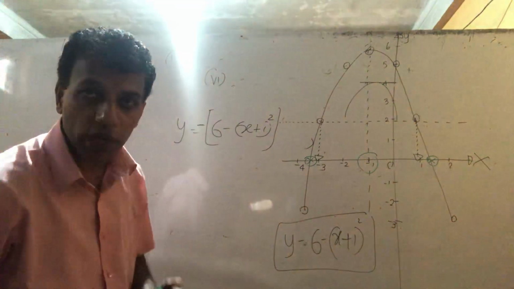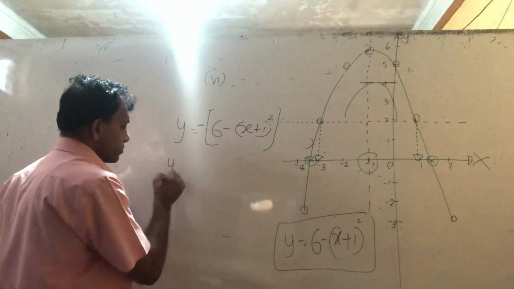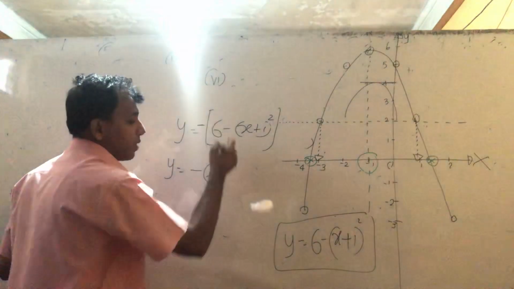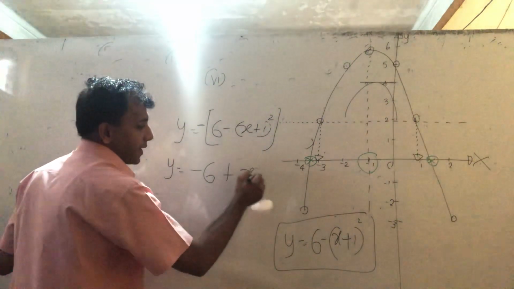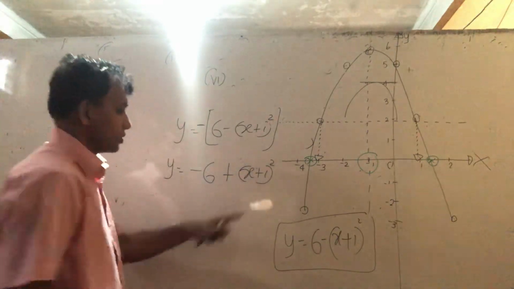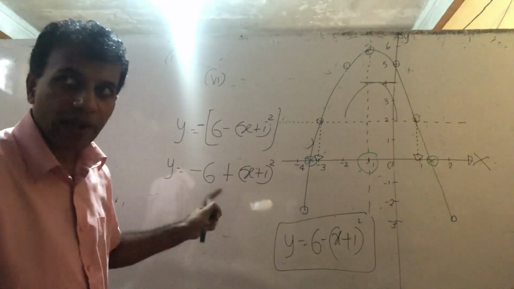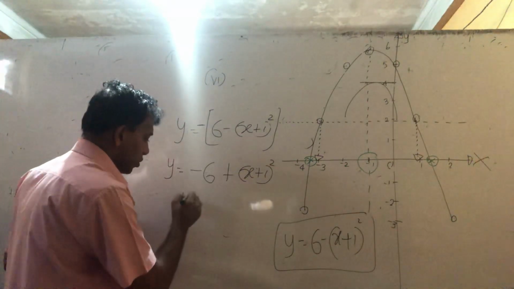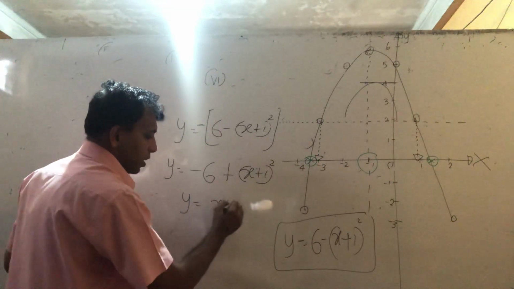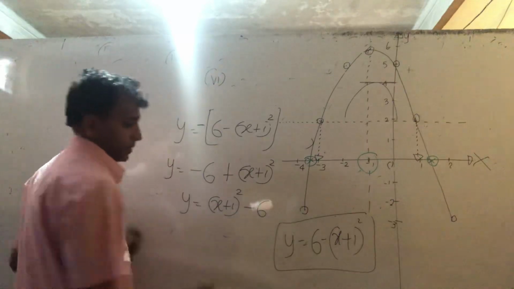This is the equation. Better you simplify this: y equal minus of 6 minus (x plus 1) all squared. So this is the new equation. But we rewrite it as y equal, writing this first, (x plus 1) all squared minus 6.